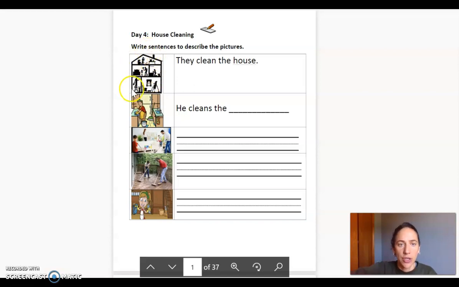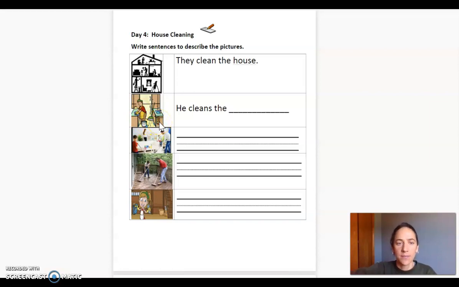In this picture, I see lots of people. So I'm going to say, they clean. What are they cleaning? The house. They clean the house. Now let's look in this picture. What do you see?